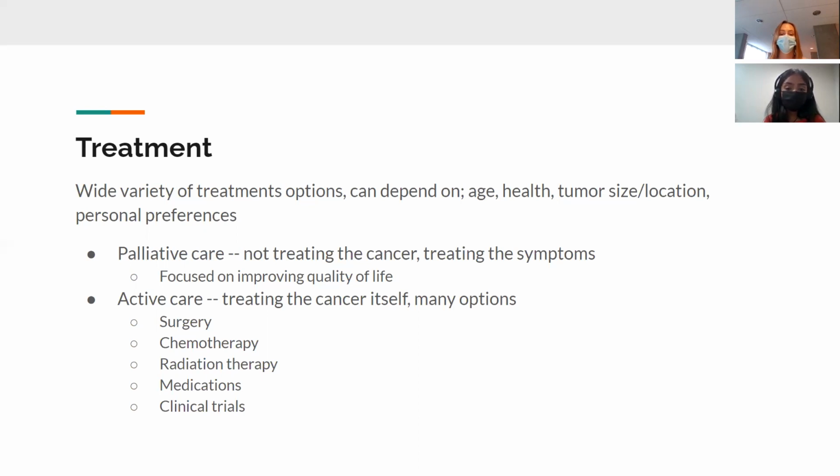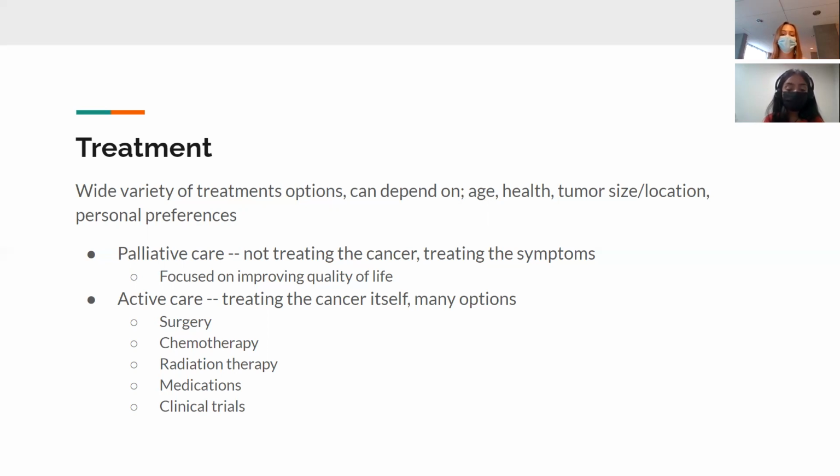So since glioblastomas are very bad and very aggressive tumors, and they don't really have very good survival outcomes, patients may choose to accept that their cancer is deadly and instead make the most of what time they have left, especially because active treatment can often be really difficult and it can negatively affect your health in other ways.